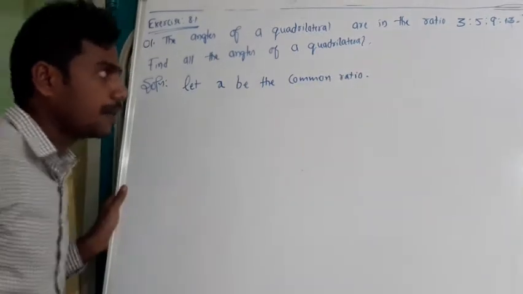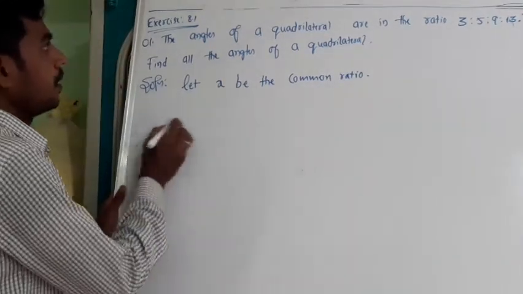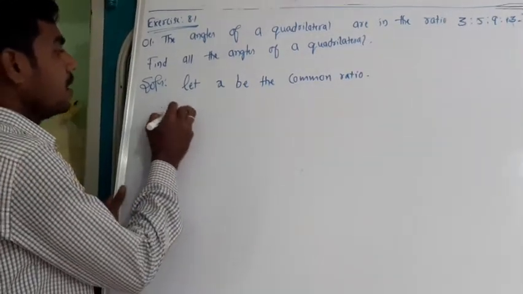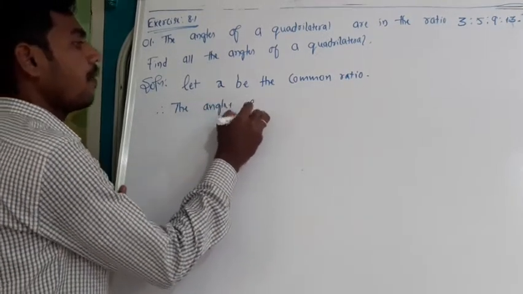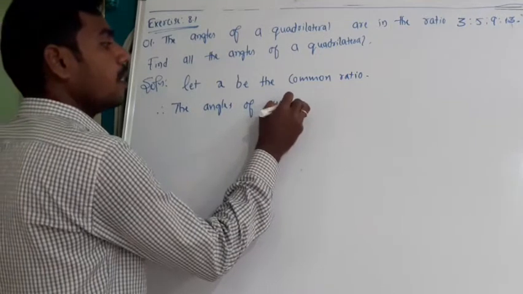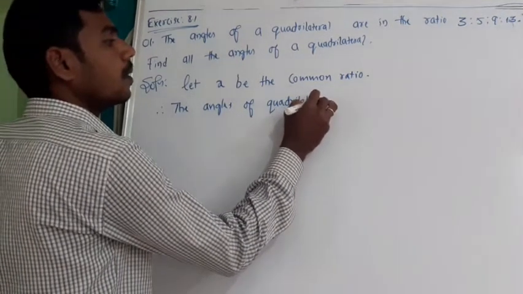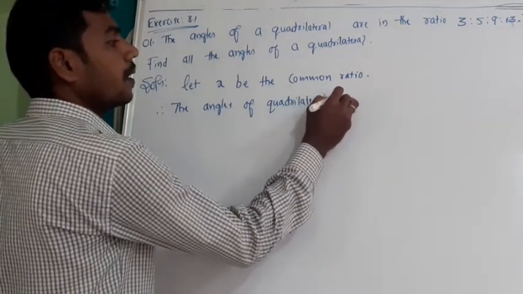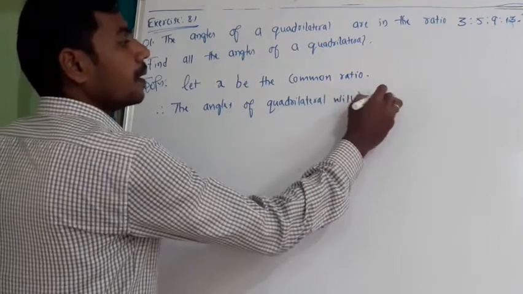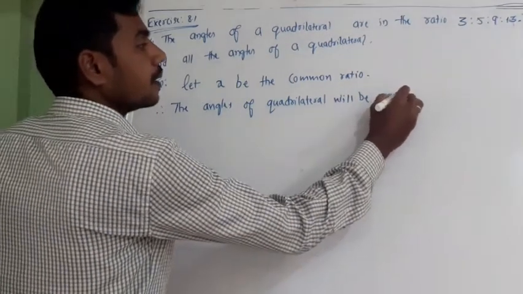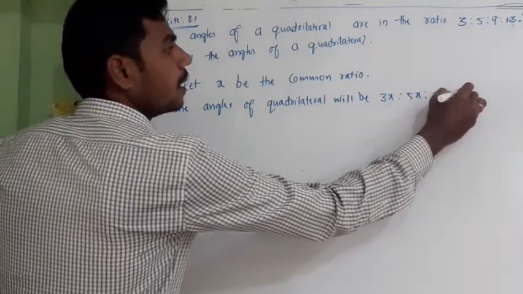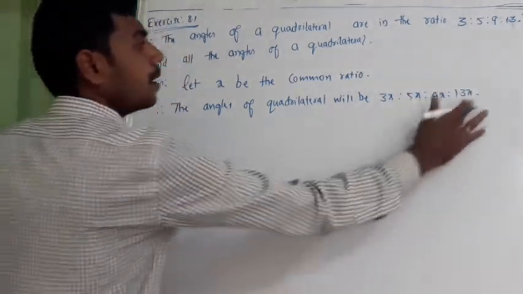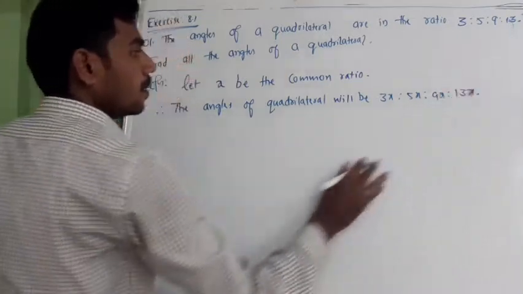Let x be the common ratio, and therefore the angles of the quadrilateral will be 3x, 5x, 9x and 13x.